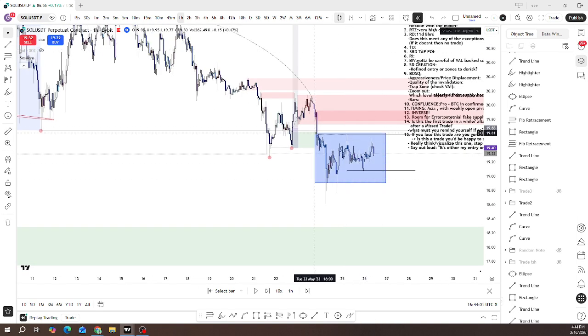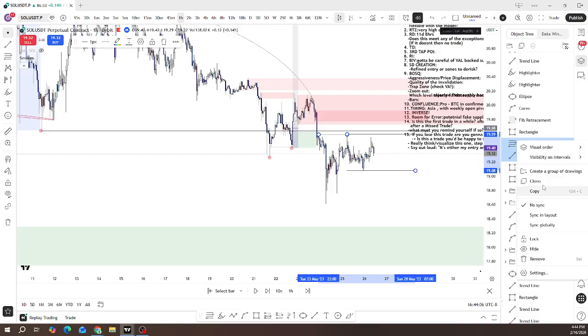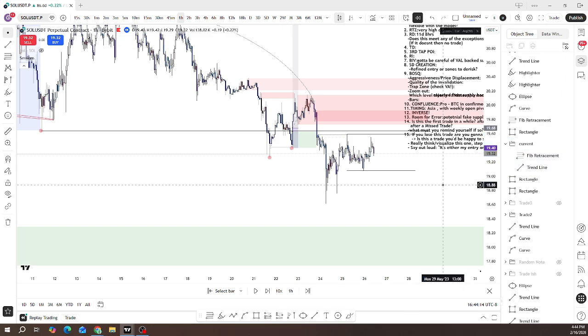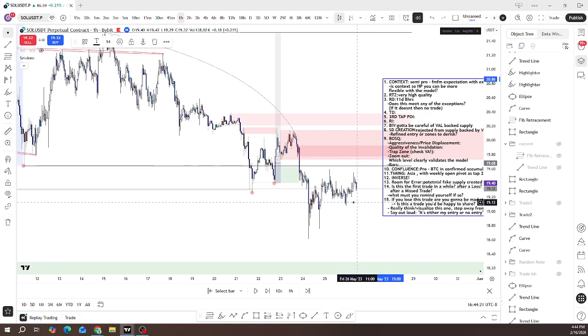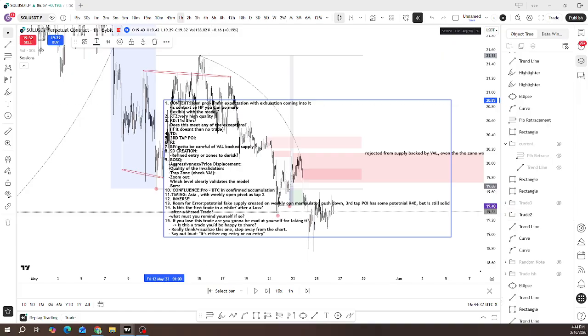I'm gonna hide all of this TA for the time being. Call that current, just to clean up the chart. Okay, so we had context being semi-pro.